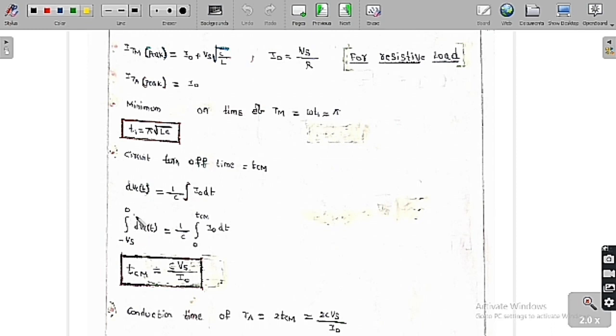So if you simplify, we get 0 minus of minus Vs is equal to 1 by c into I naught into Tcm. If you solve this, we get Tcm is equal to C Vs by I naught. So C Vs by I naught is the circuit turn off time for which the main thyristor is going to face a reverse or negative voltage across it.